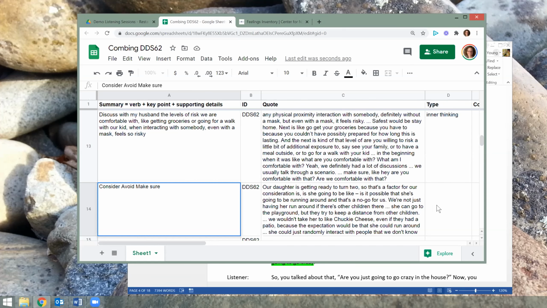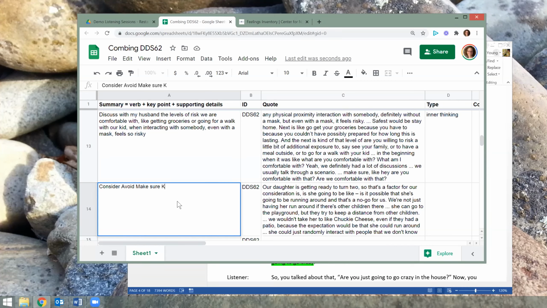Okay, another question here. Whenever I see make sure come up as an idea, that sometimes indicates that it might be a guiding principle. Right? Guiding principle is we're going to keep her apart from other kids. We're going to keep her from interacting with random people that we don't know.